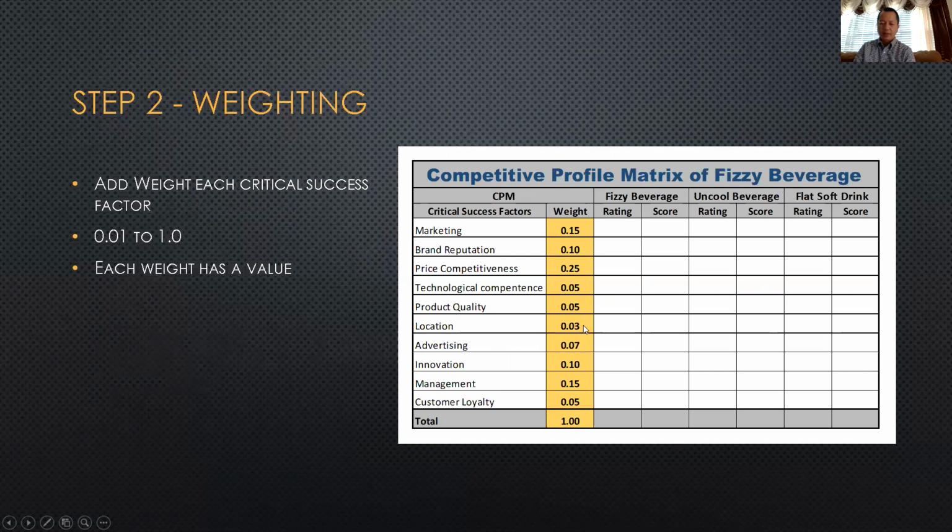Things that are not that critical, like location in this example, I chose to give a weight of 0.03, and all the weights have to equal 1 or 100%. So you just figure out what's important and what's not important, depending on the value of those factors. And you create those weights, and that's the second step, to identify those weights and assign the weight to your factor.